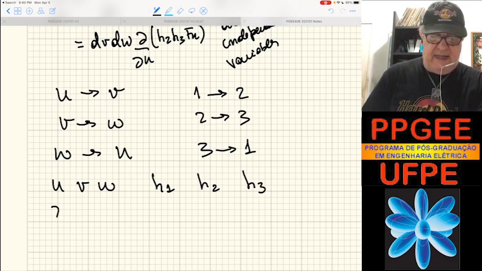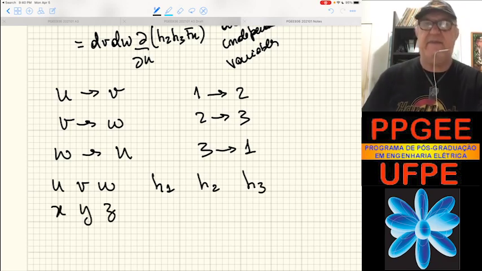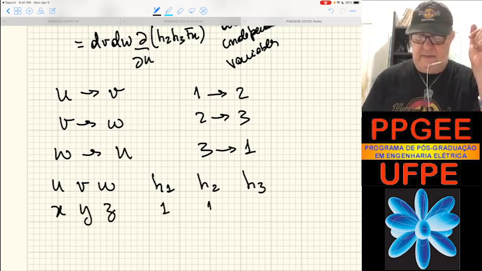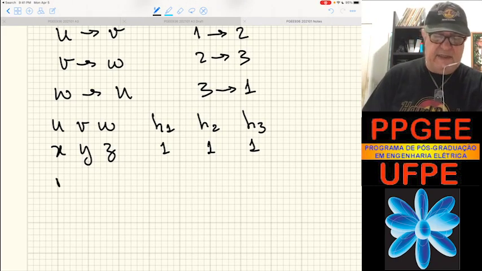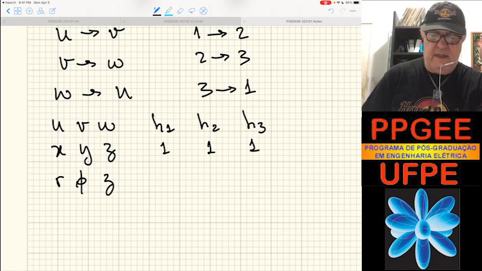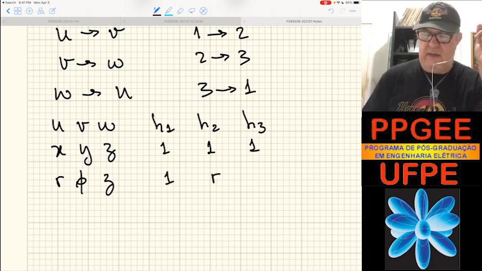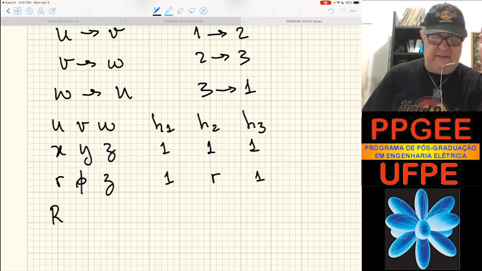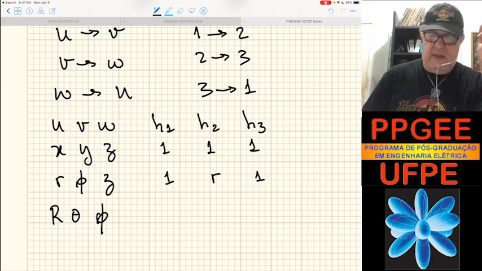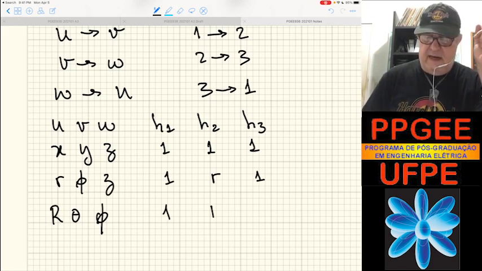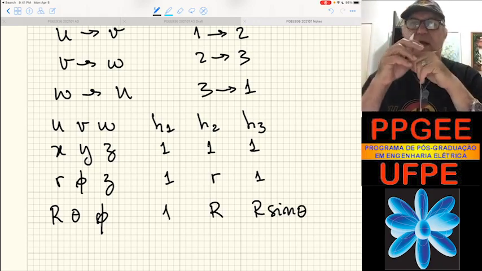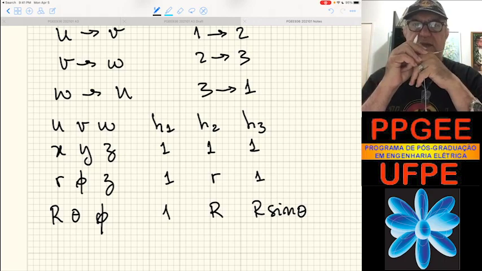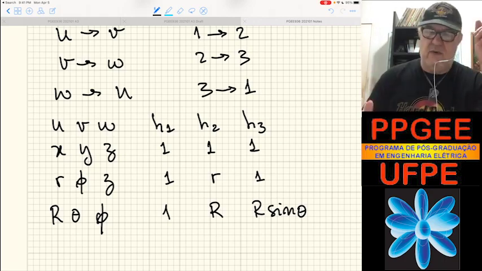In the XYZ system, all parameters are equal to 1. In the cylindrical system, you have 1, r, 1. On the spherical system, you have 1, r, r sine theta. Okay, so the simplest expression for the divergence is in rectangular coordinates.